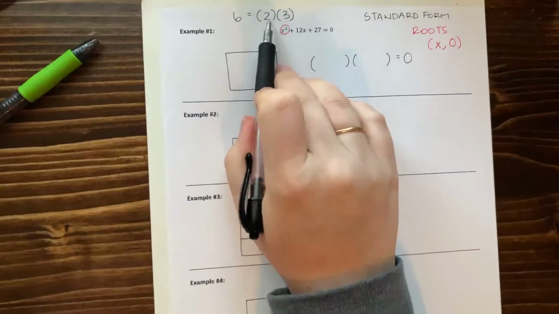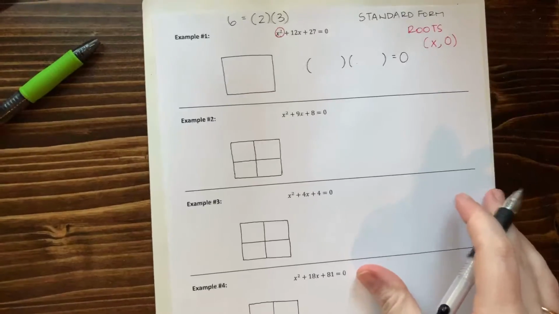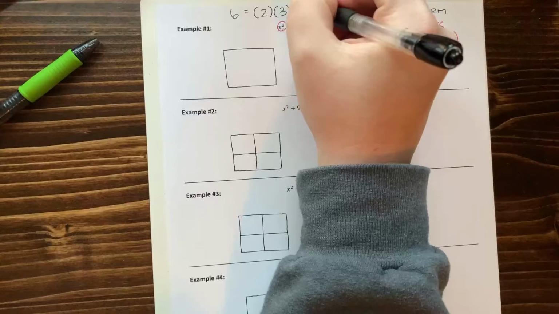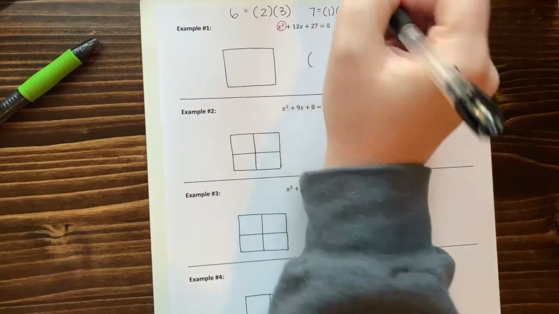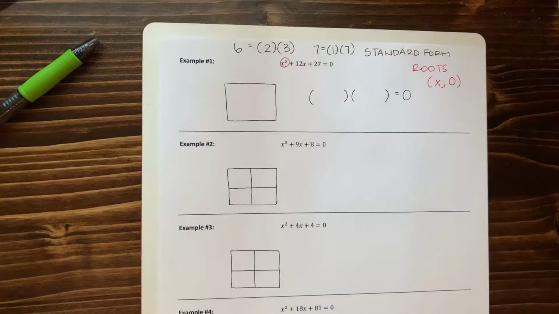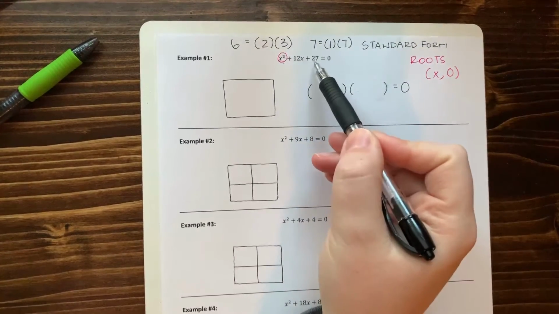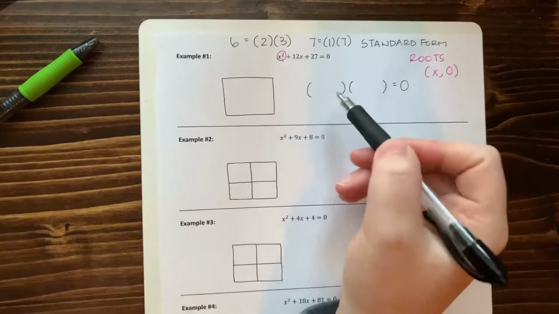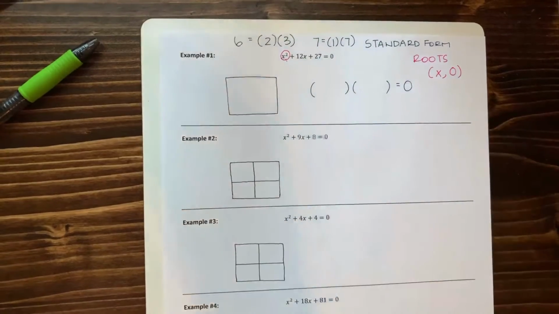Those would be factors of 6, things that multiply to get 6, or 7 could be written as 1 times 7, like that. Now I know that this is an algebraic expression, but still we can break it down in such a way that we have two things that multiply to get it. And so that is our goal today.